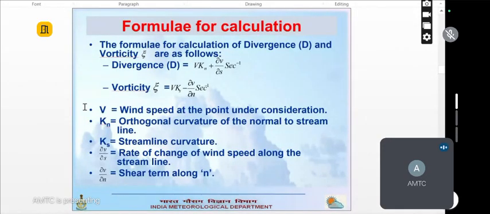Horizontally, wind will be 30 knots, 40, 50, 60, become 100, then it will become 80, 60, 30. This is the horizontal shear, and there is also a vertical shear.